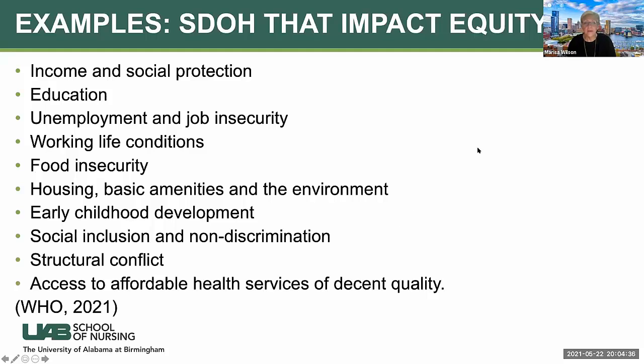So other examples that we are monitoring in social determinants is, of course, income and social protection, education, unemployment, work-life conditions, food insecurity, housing, safety, early childhood development, social inclusion, non-discrimination, structural conflict, and access to affordable health services. So none of that can be collected manually.